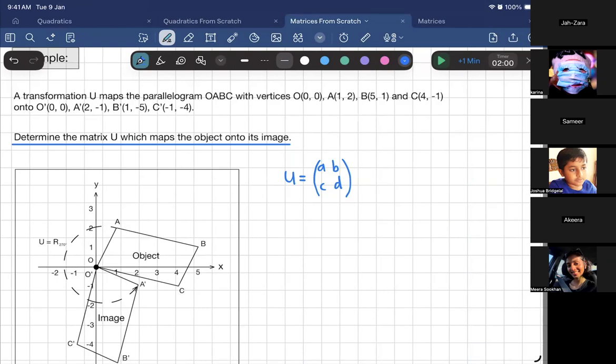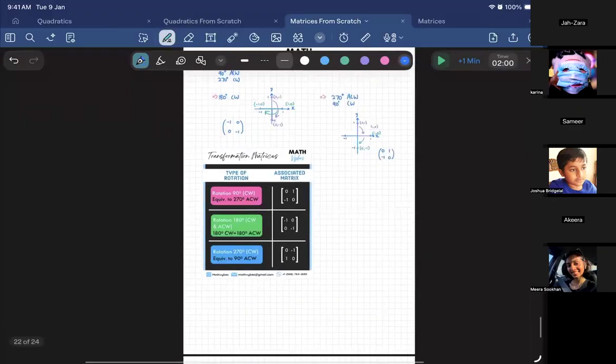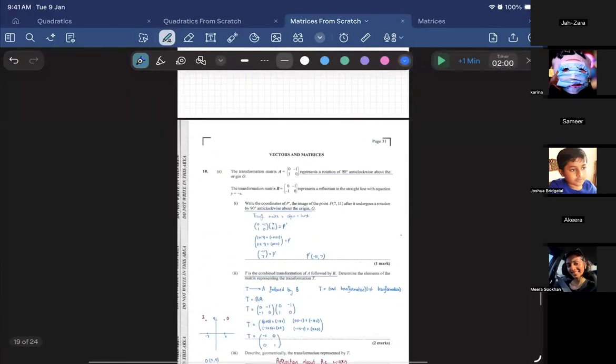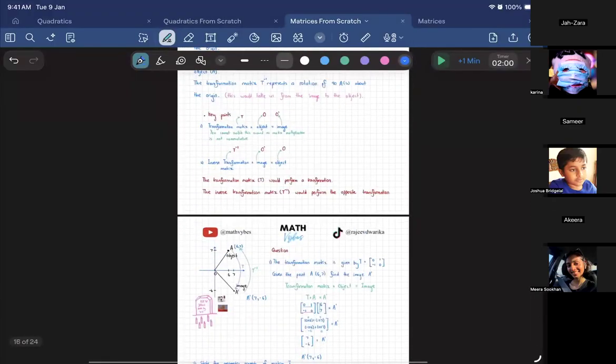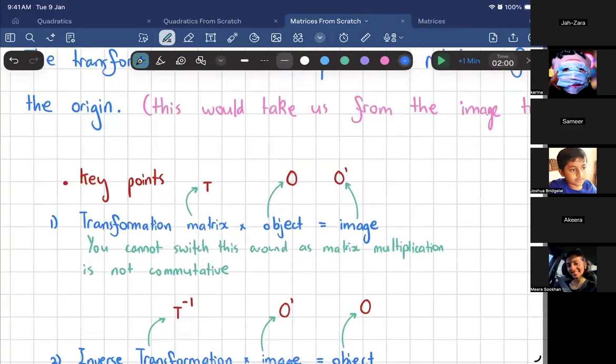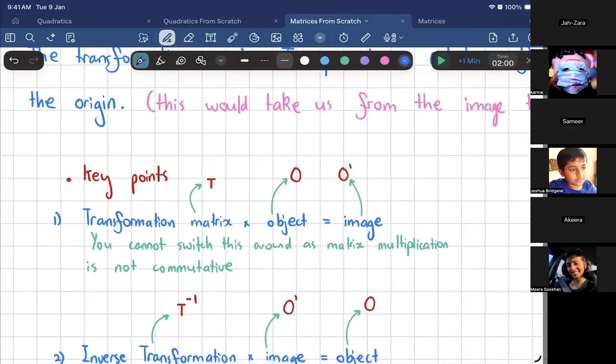I just told you all the answer. That's T multiplied by O equals I. So Akira, let me show you what I'm talking about. The transformation matrix by the object is equal to the image. This is what I was talking about.